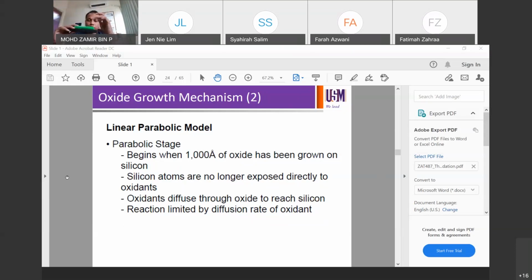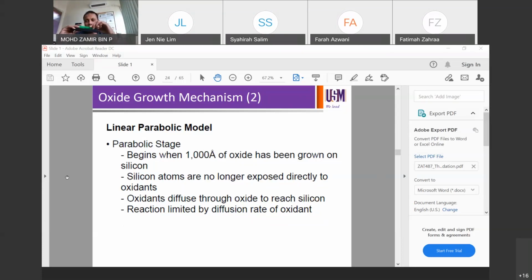Instead, they have to diffuse through this oxide layer to be able to reach the underlying silicon to further the growth. So it's a bit slower because there is a barrier of 50 nano or so to pass through to get to the underlying silicon to continue the process. So that is what slows down the process.